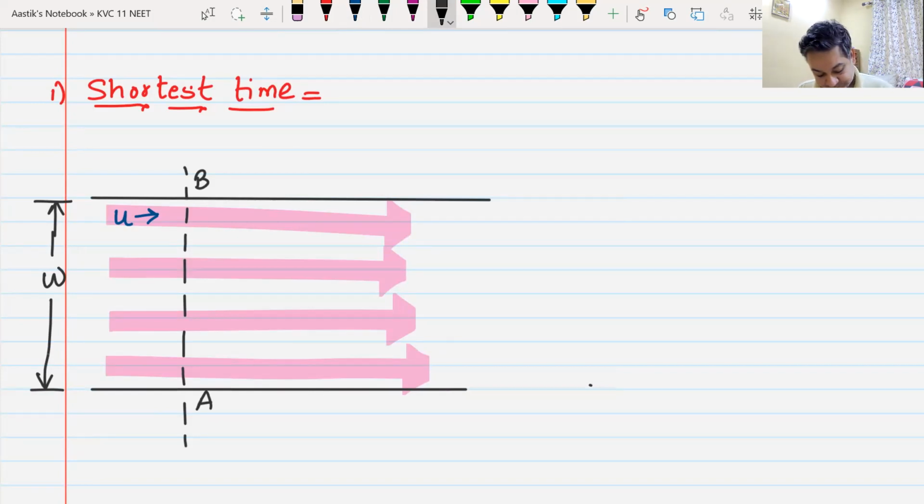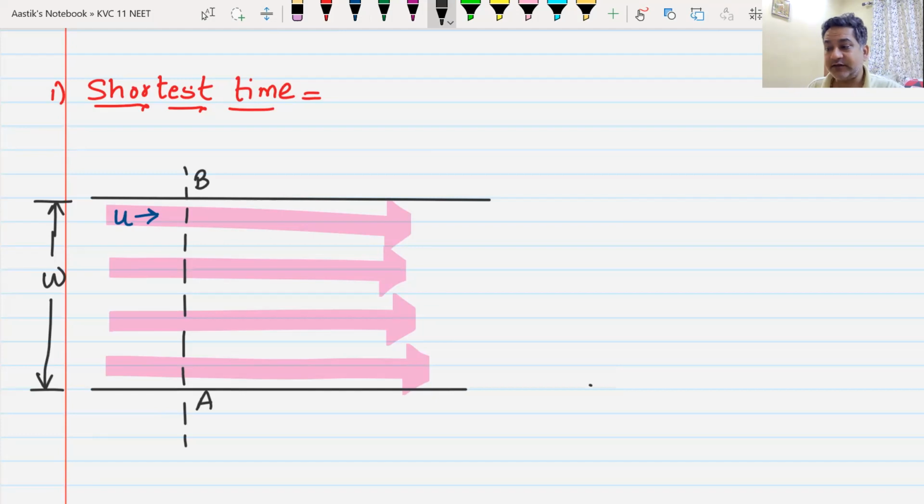Tell me. How should he move so that he crosses the river in the shortest time? Any idea? I only gave you three cases.